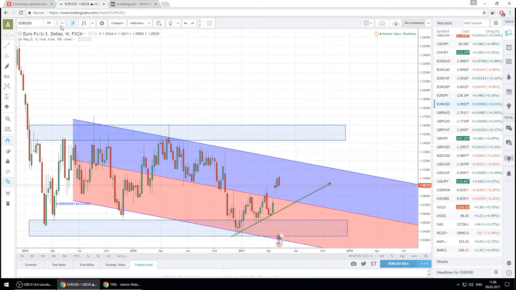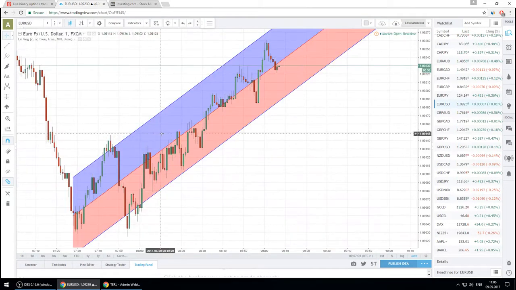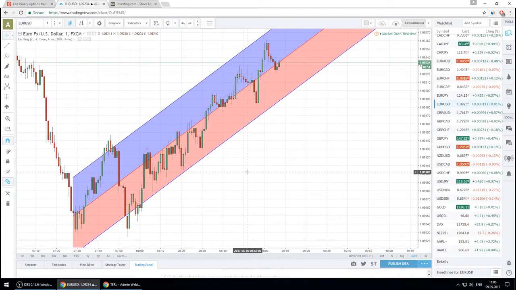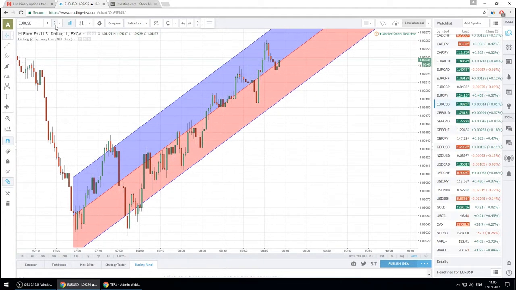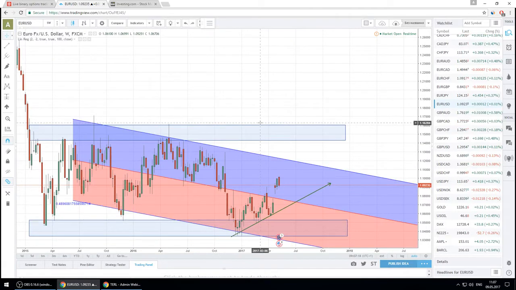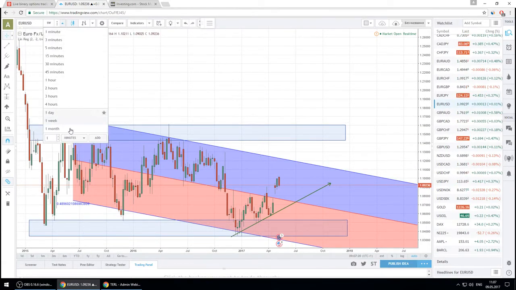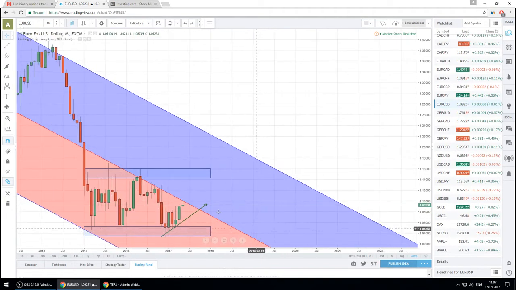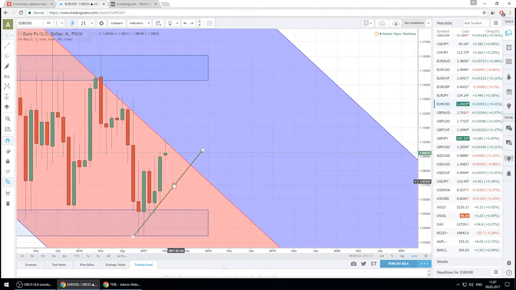So let's say if I trade within 1 minute, within a short period of time, it would be more profitable for me to open the trades for high. But when it comes to a longer period of time, I would open the trades for low. Let's switch to 1 month. The same here. Currently we see that the market moves up, because within the last 3 months the market was moving up.